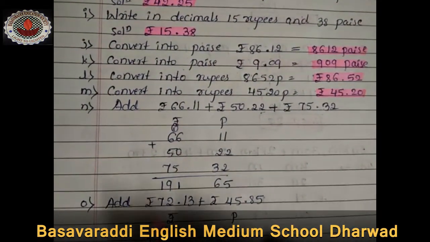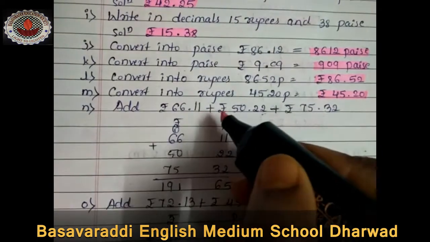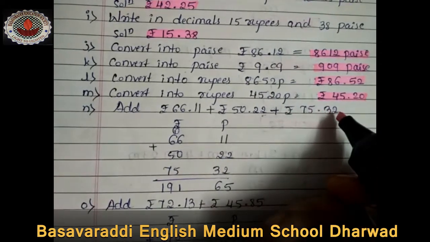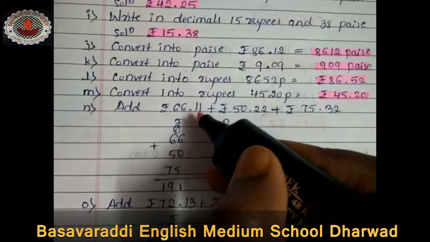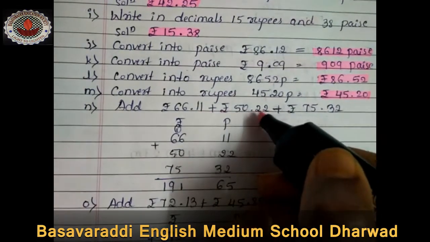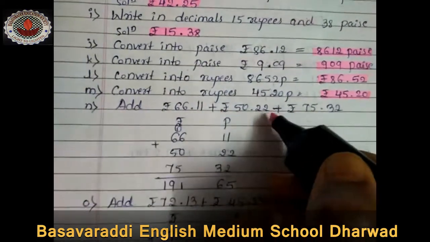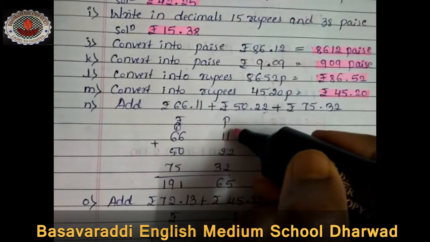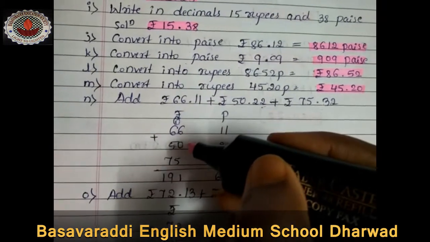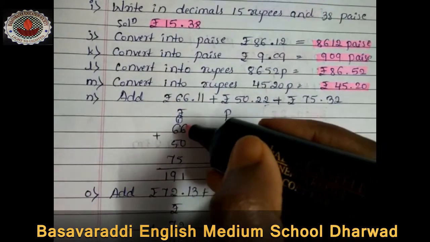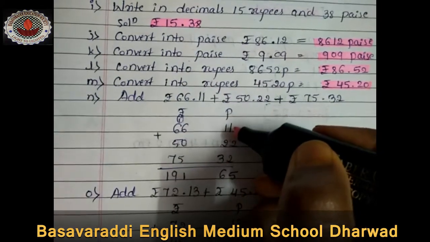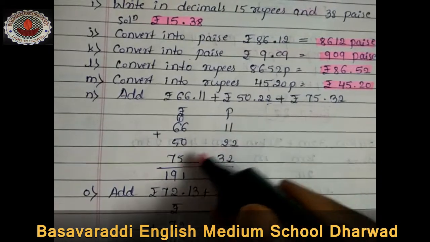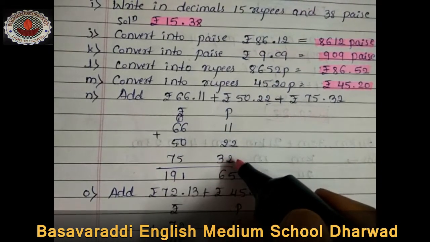Add rupees 66.11 plus rupees 50.22 plus rupees 75.32. After the decimal point, these digits show the paise: 11 paise, 22 paise and 32 paise. So make two columns, one for the rupees and one for the paise. Filling in the amounts in the respective columns: 66 rupees 11 paise, next 50 rupees 22 paise, 75 rupees 32 paise.